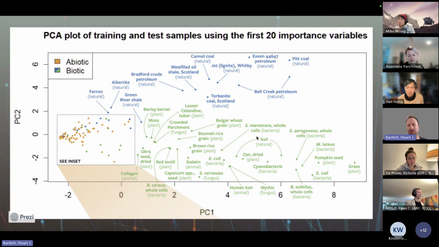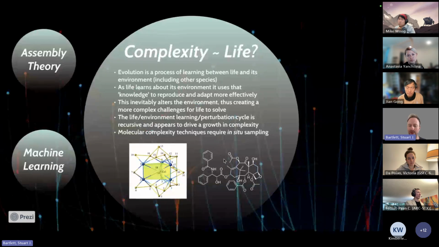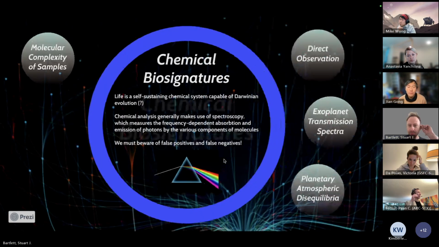When you plot all the samples out as a function of those two, you find that the biological samples cluster away from the non-biological ones, and even the dead biological are distinct from the alive biological. And again, we're going to see fantastic growth and development of those methods in coming years.